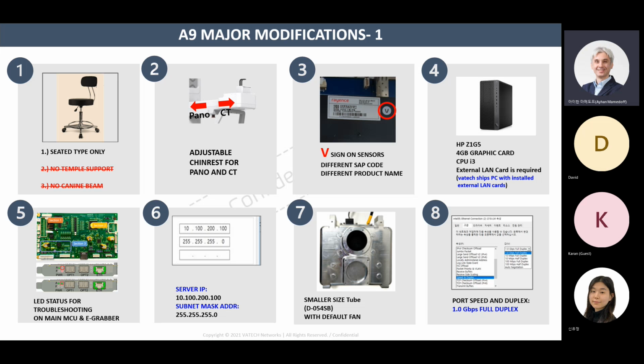And the second one is we made an adjustable chin rest for Pano and CT. Whenever you take any of these modes, like Pano or CT, you will need to move this chin rest either in the front direction or drag it back.